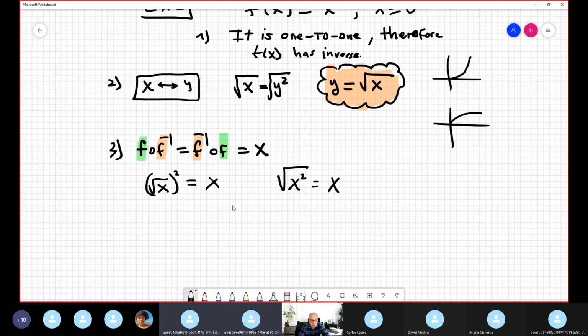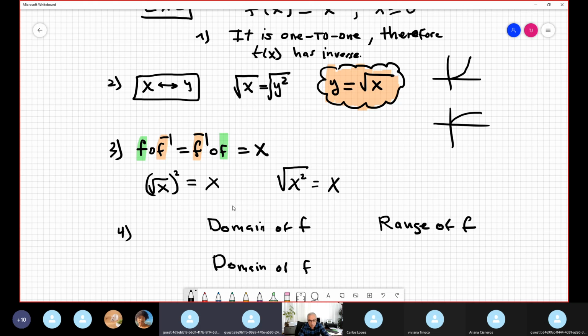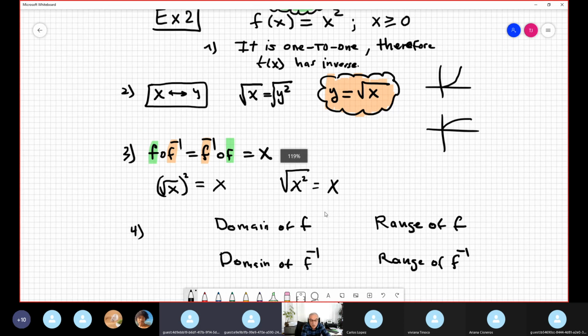Domain and range. Domain of the original. Range of the original. Domain of the inverse. And range of the inverse. Okay, domain of the original is given at the beginning.